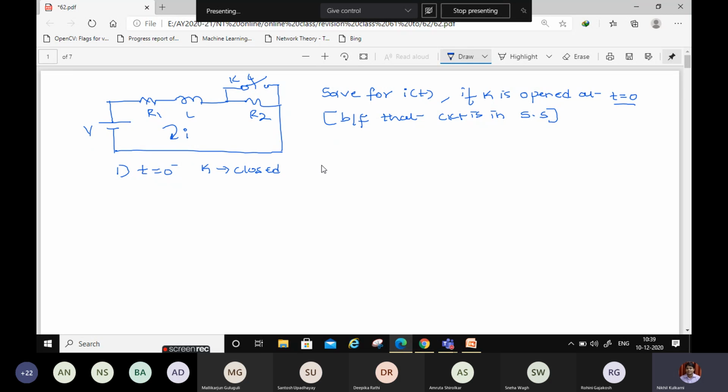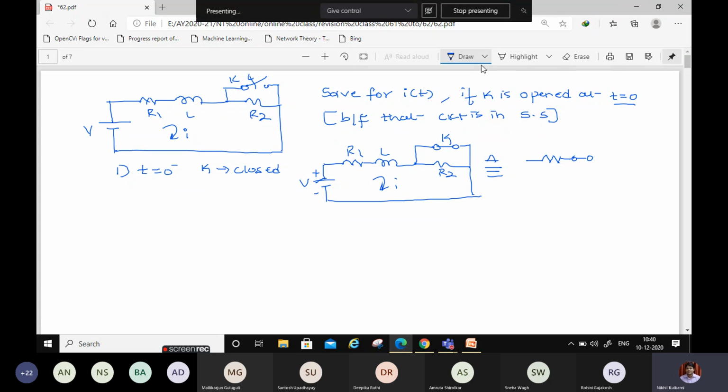If it is closed like this, this will be the circuit we see: R1, L and R2, K is closed. Now if you use the definition of initial conditions, the inductor will act like a short circuit.